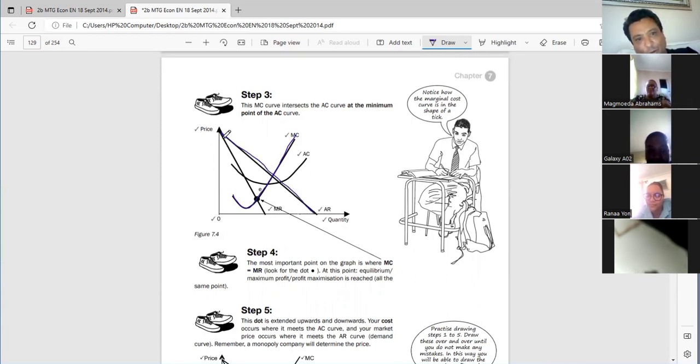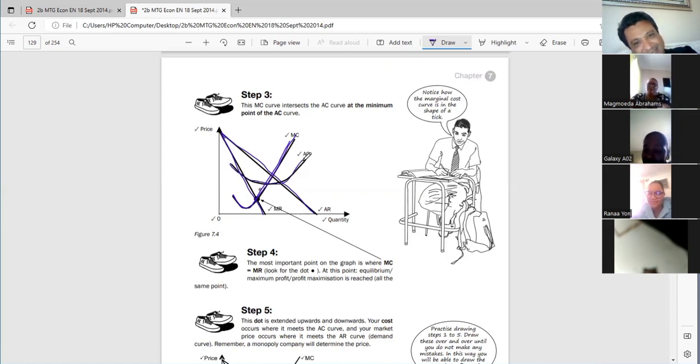Then second you draw your marginal revenue curve. And then number 3, just do it like Nike. Nike sign. Then the fourth curve, you do a bucky, from the left to the right.